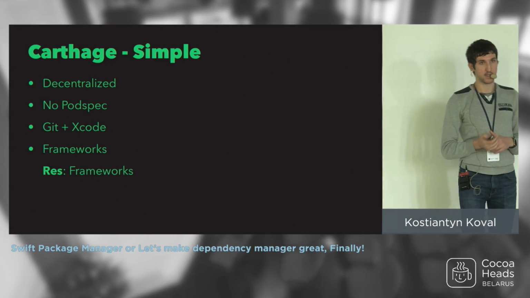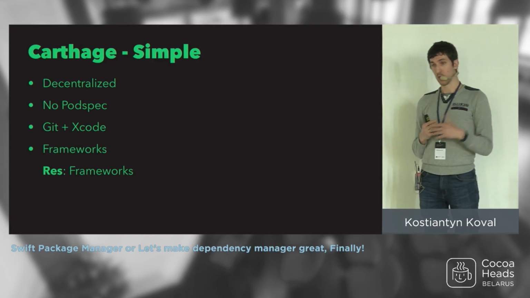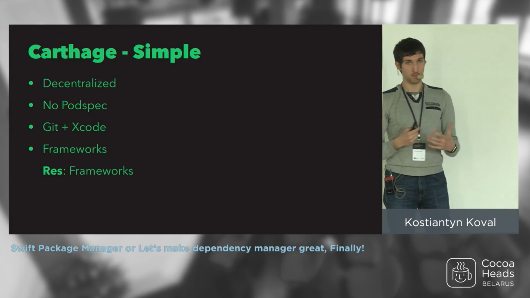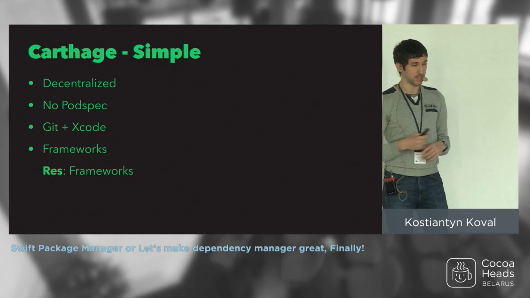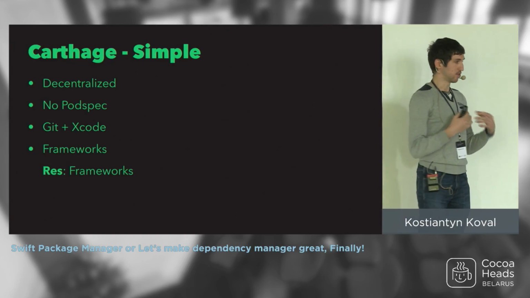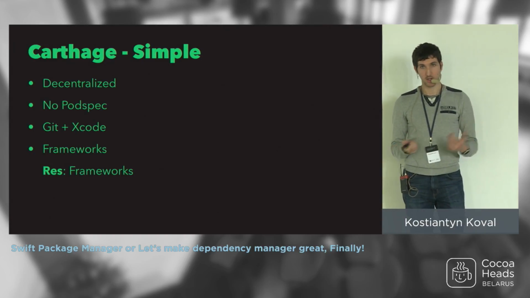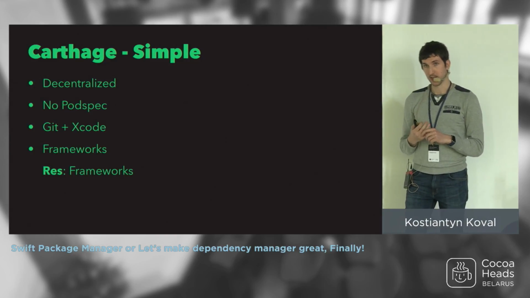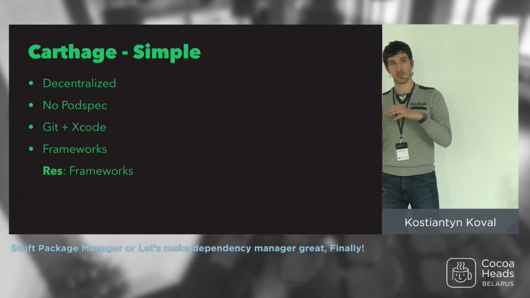It's decentralized. It doesn't have one source of truth. When you make your project, that's it. You don't have to do anything to publish it or share it with your friends. There's no CocoaPod spec, nothing. It uses your Xcode project file. You make a project, it uses this stuff.